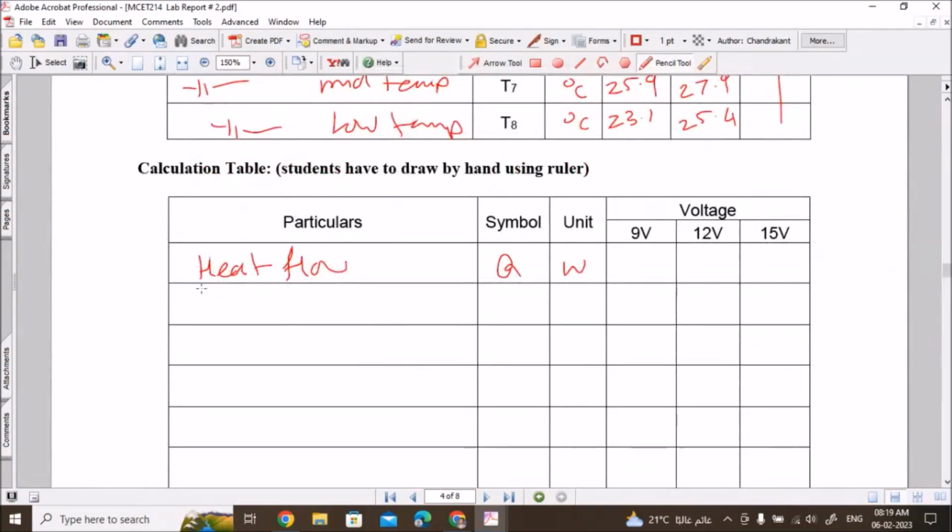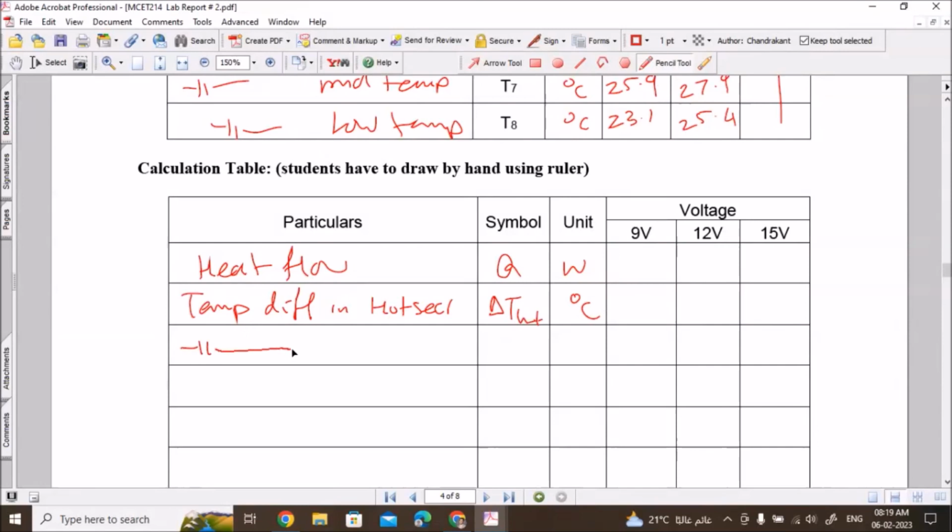You can write temperature difference in hot section, delta T hot, or T1 minus T3, degree centigrade.